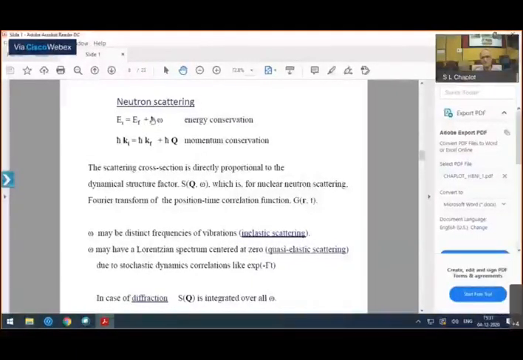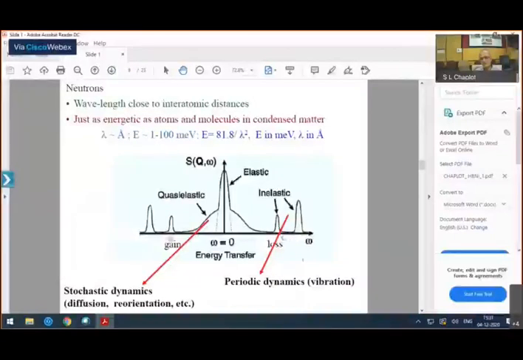So that's neutron energy loss spectroscopy. And it can be neutron energy gain also, in which case the neutron absorbs energy from a bath of excitations and gains energy. So you can measure on both sides.